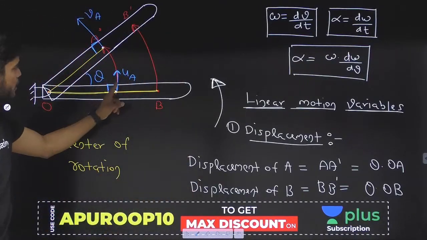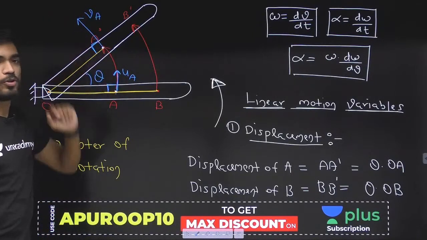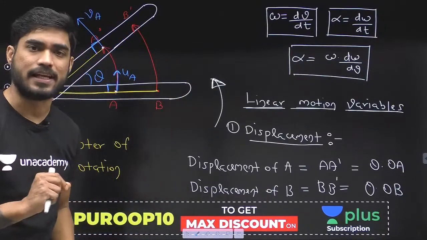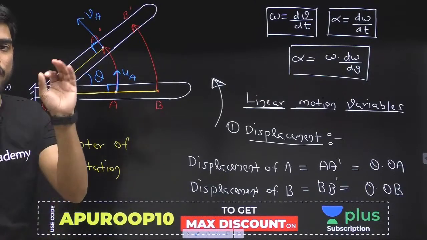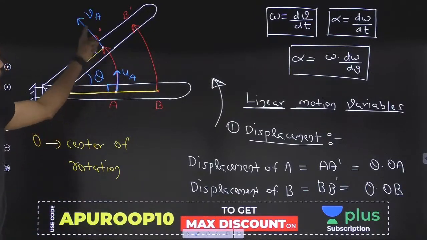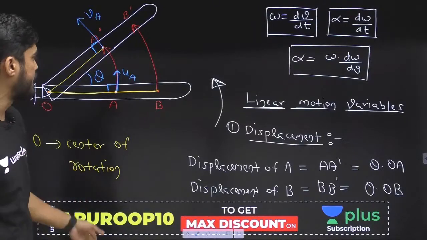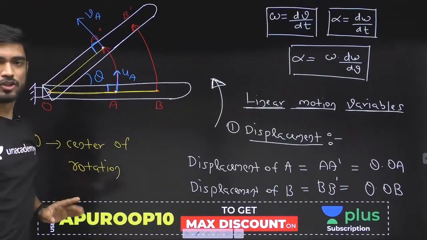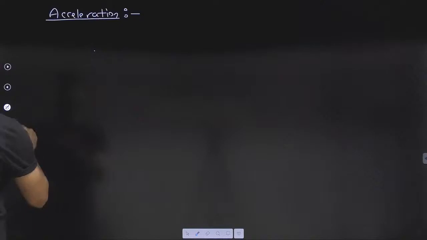So here there are two components of acceleration. One component of acceleration is changing the magnitude of velocity and one component of acceleration is changing the direction of velocity from here to here.